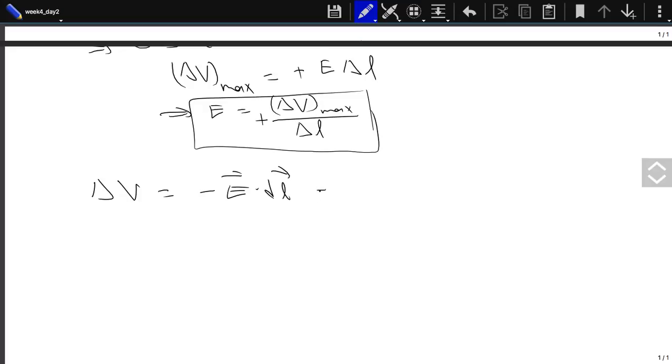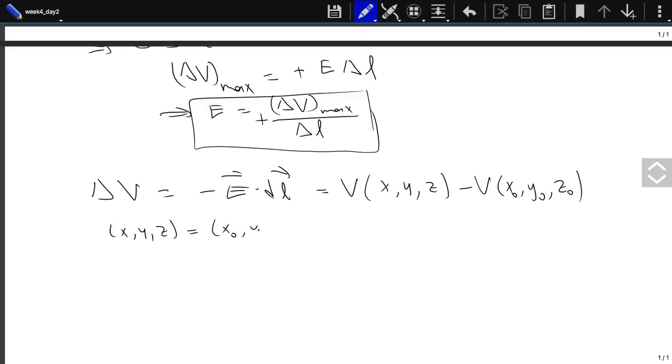And this delta V is, let's say, the V at the point x, y, z minus the V at x0, y0, z0, where x, y, z is equal to x0, y0, z0 plus dl.